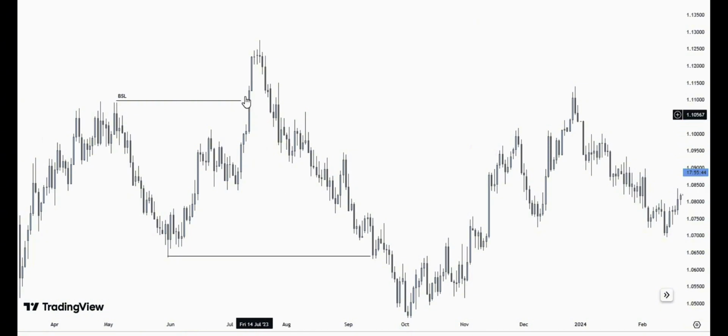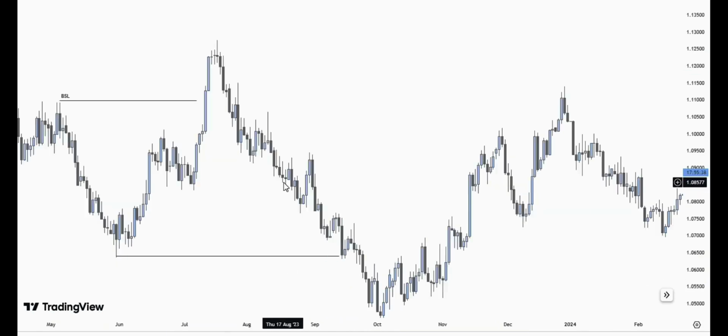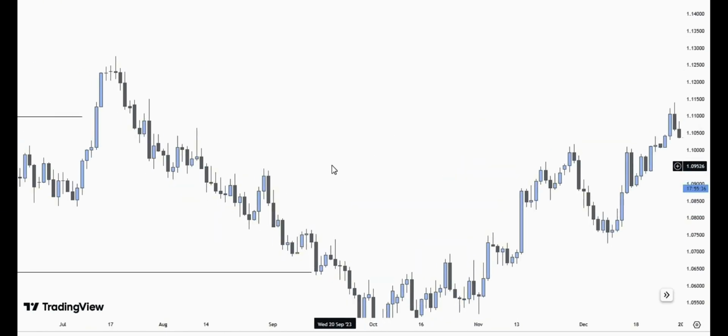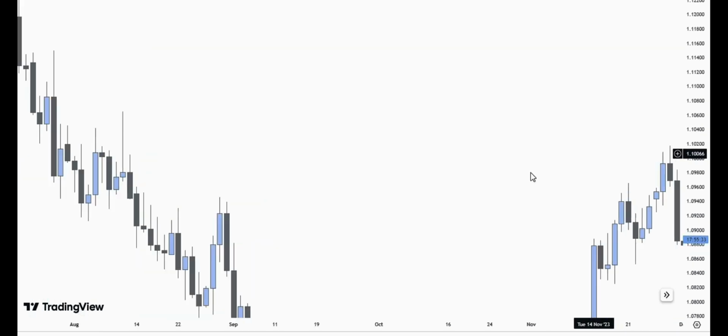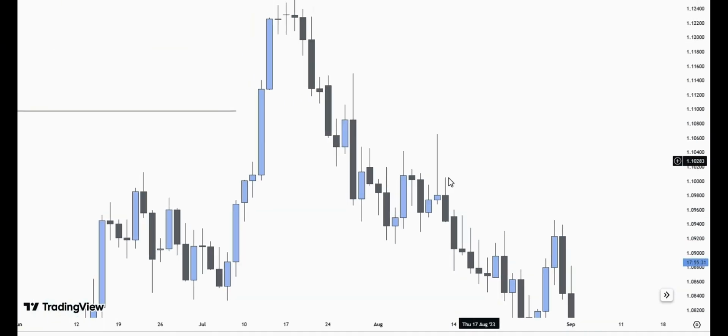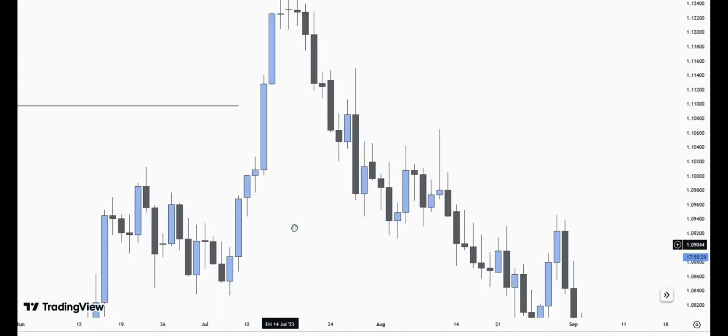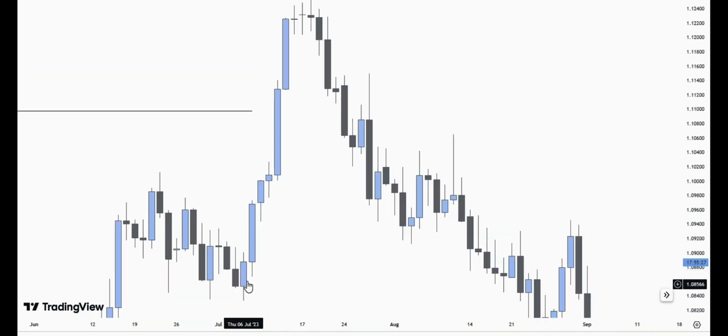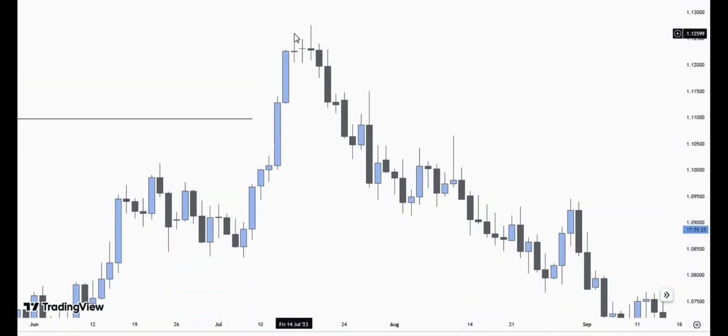What are we looking for? We are looking for gaps of price to get to that particular low. As you can see, we have all these gaps here. Like I said, you can either use it as a draw on liquidity or an entry point.